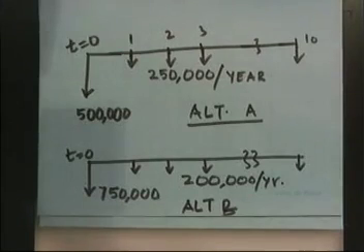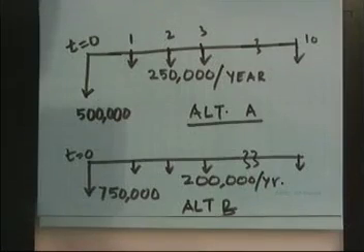So, what is happening? Initially, you had made an extra investment of 750,000 minus 500,000. So, you have made an extra investment of rupees 250,000 and you are getting a benefit of rupees 50,000 every year.